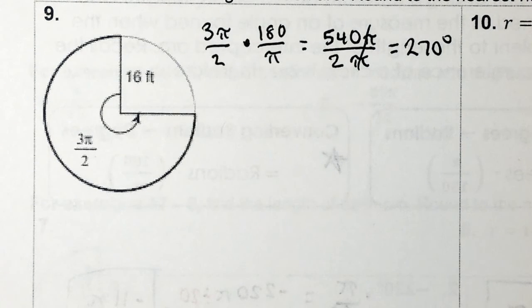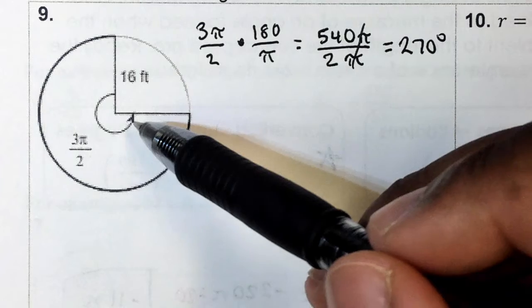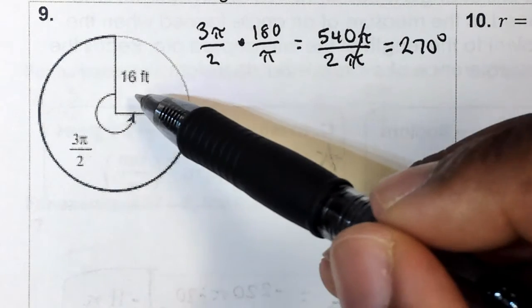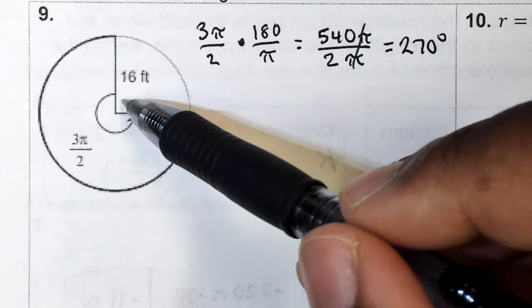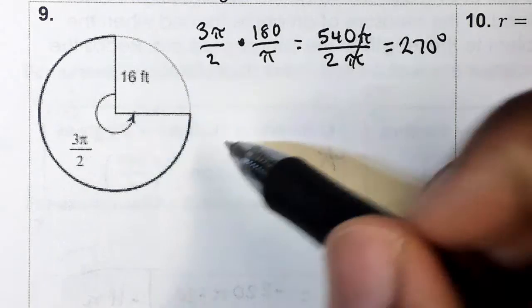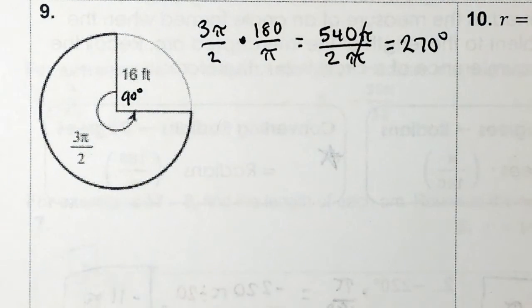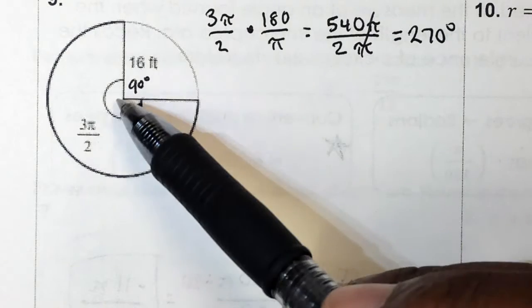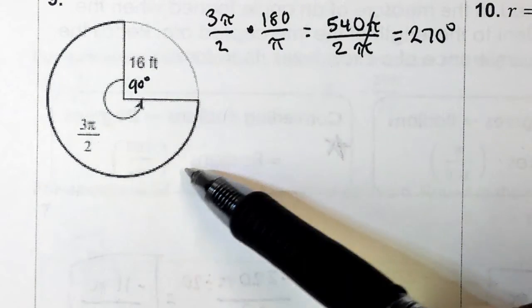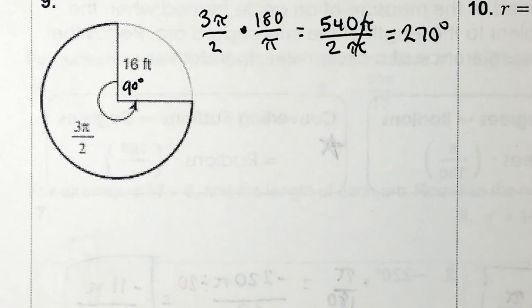And honestly, that makes sense. Looking at this right here, what angle is this on the other side? A 90-degree angle, right? It's a right angle. 360 minus 90 is 270. I'm just showing you that we're correct. That's 270 degrees.